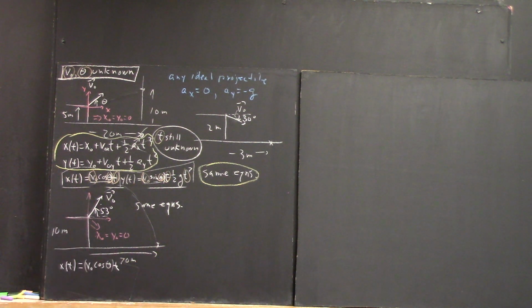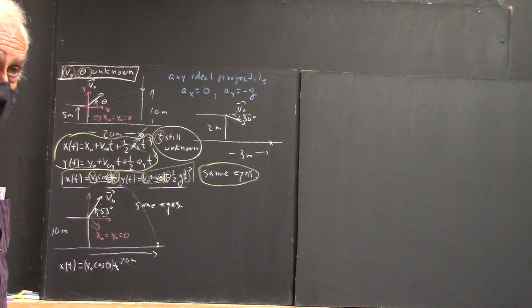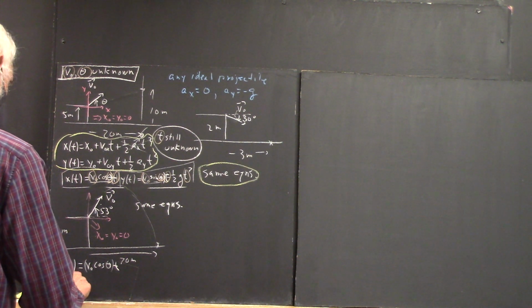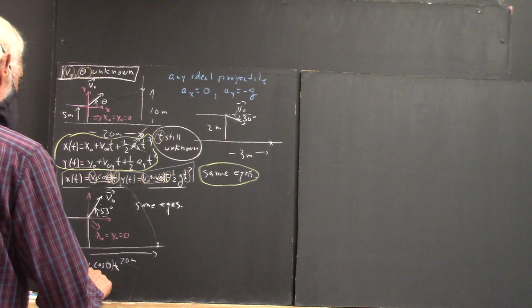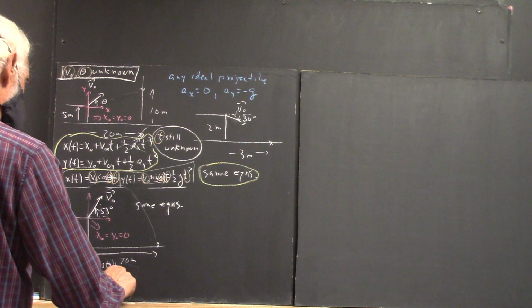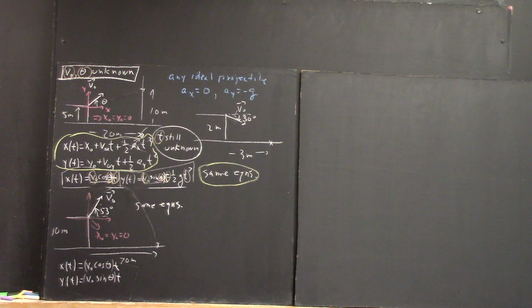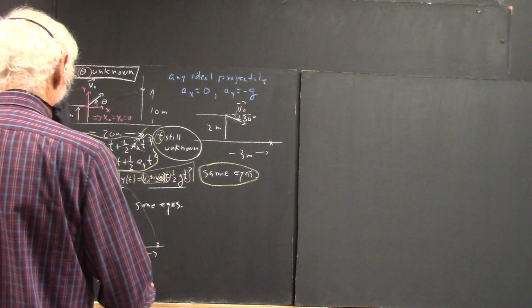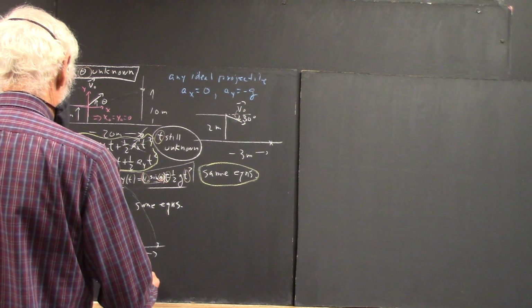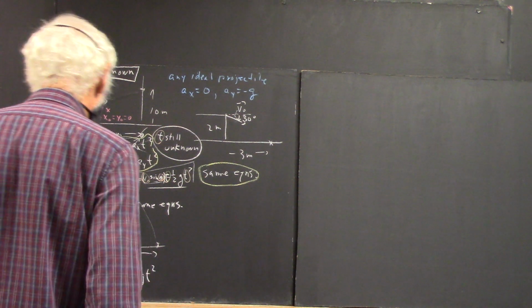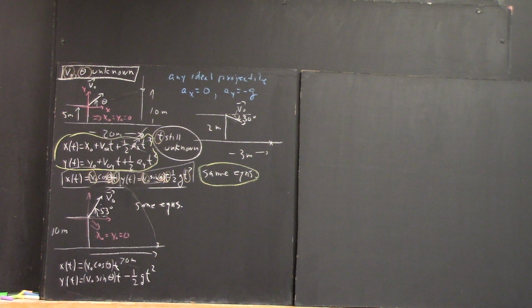And that's it, because, again, your acceleration is 0, right? y of t equals v naught sine theta times t minus 1/2 g t squared. Okay?